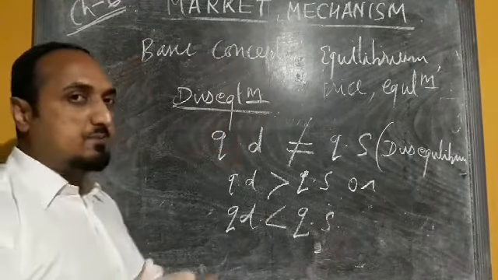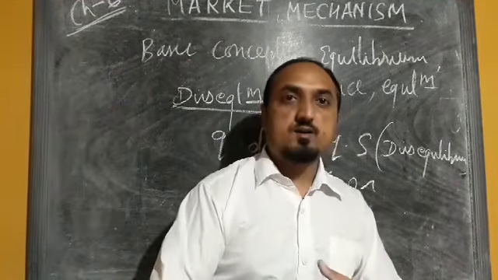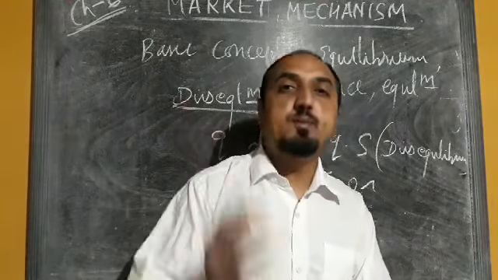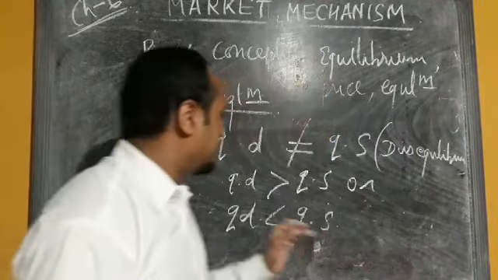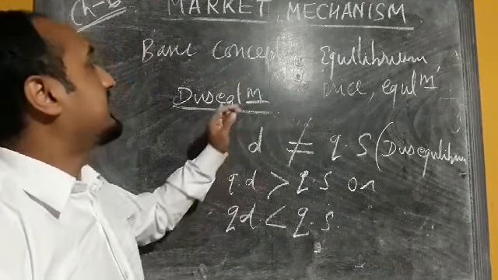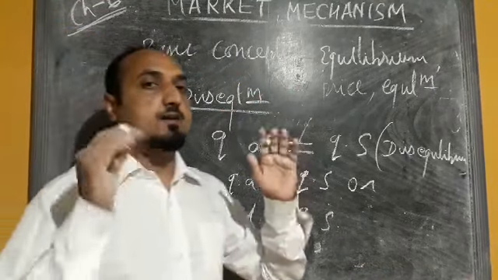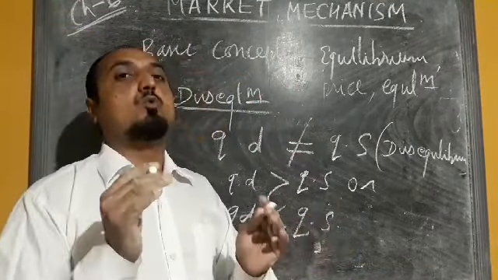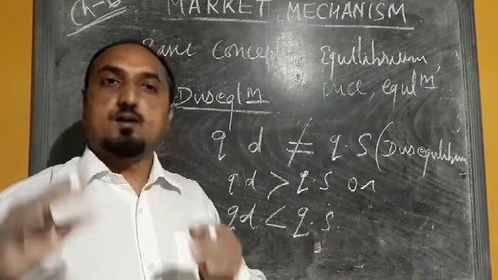That means sometimes quantity demand will be greater than quantity supply, or sometimes quantity supply will be greater than quantity demand. Because of these two situations, a disequilibrium will arise.